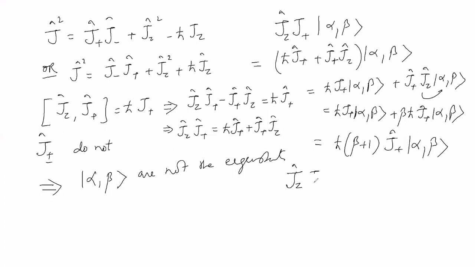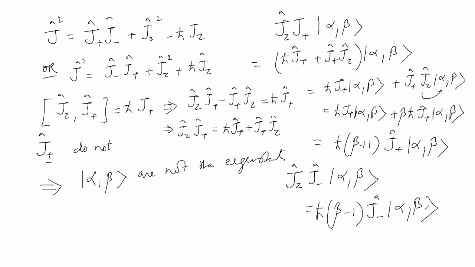Similarly, if you take Jz J minus operating on alpha beta, this will turn out to be ħ times beta minus 1 J minus alpha beta. And that is why we try to associate J plus and J minus with the raising and lowering operators.